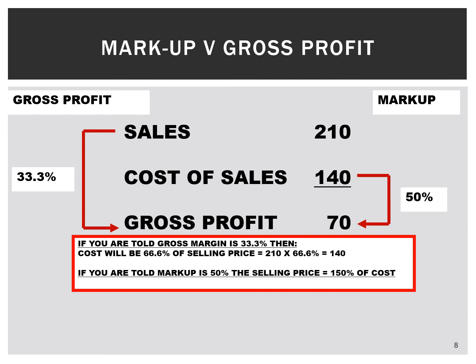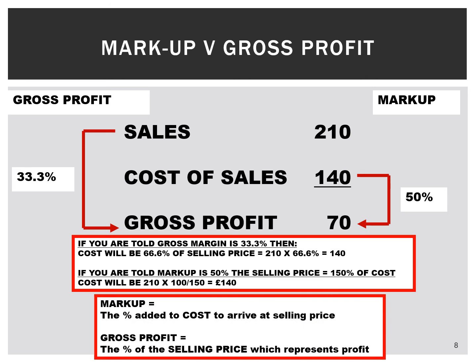If we're told that the markup is 50%, then the selling price will be 150% of cost. And in that case, to work out the cost price, it will be the selling price times 100 over 150, which again gives us 140. So do remember those differences.